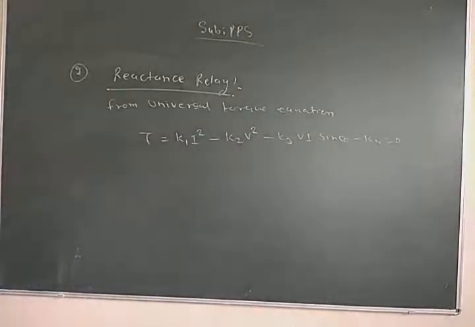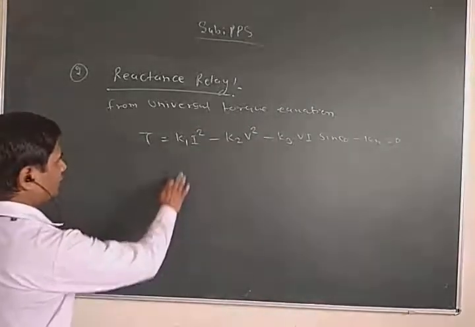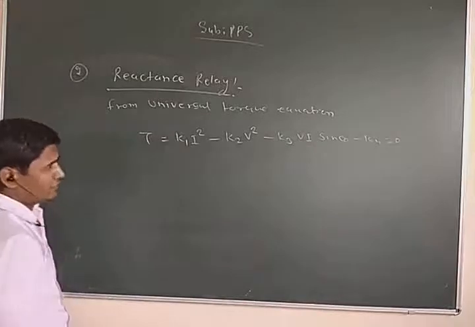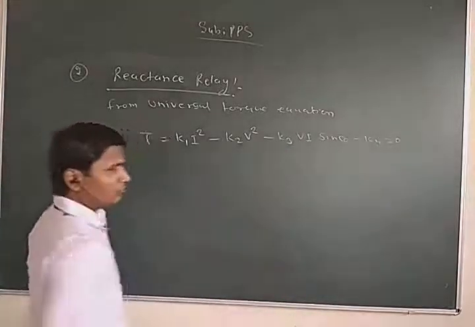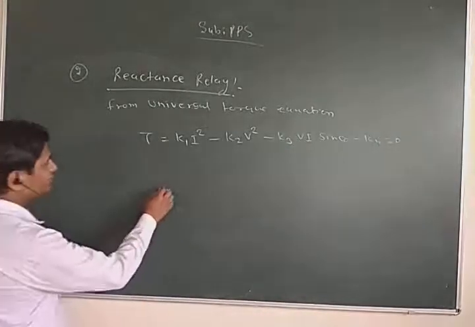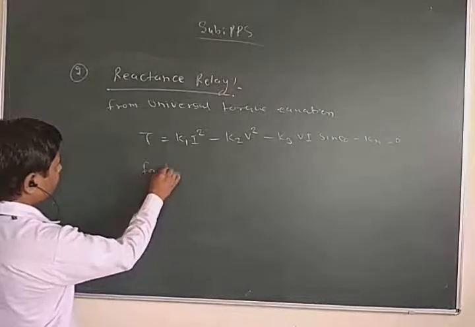So in this type of relay, the operating torque is provided by the current, and the restraining torque is provided by the voltage and current element.